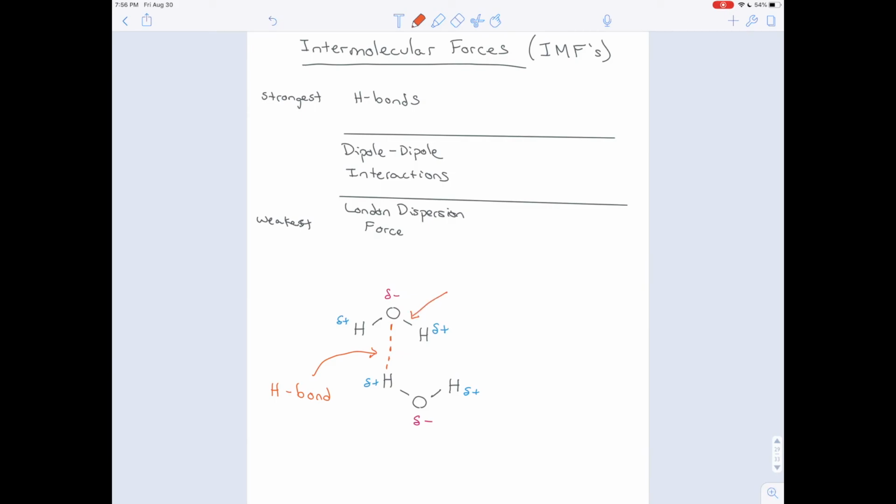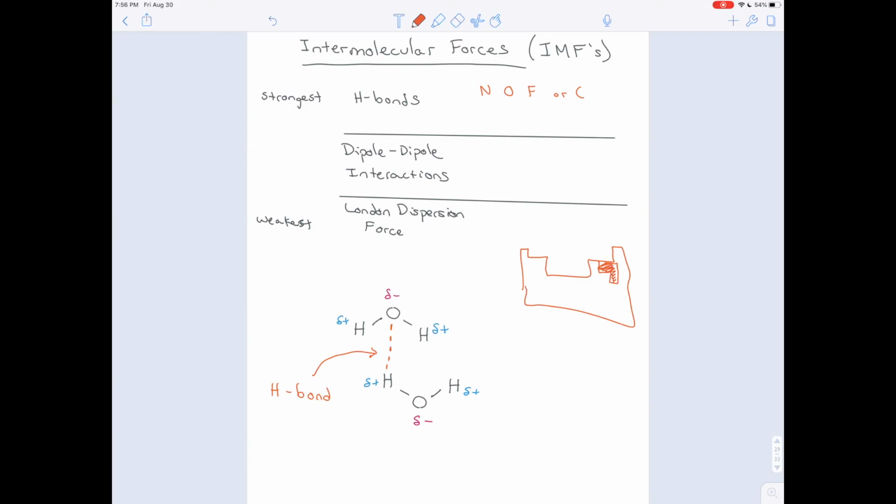Not because there's a bond between them, that is not the hydrogen bond, but because anytime you have that happen, you'll get this separation between charges, and one charge on one molecule will be attracted to the opposite charge on another. So anytime you have nitrogen, oxygen, fluorine, or chlorine, if you look at the top of the periodic table, all of those elements are at the top right.